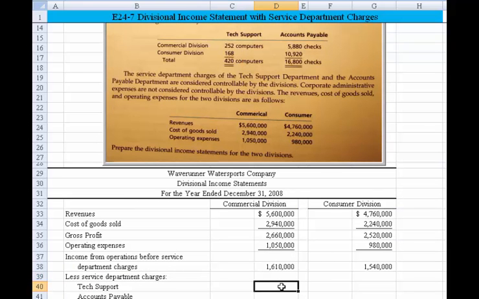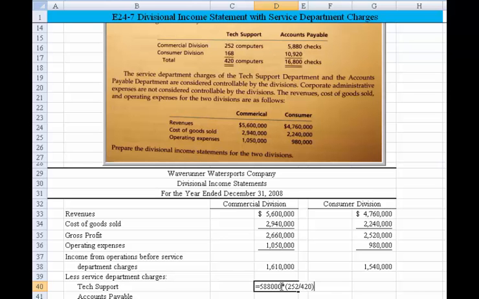So we know for the commercial division, we need to take $588,000, the total cost incurred, and multiply that times the ratio of 252 to 420 computers.